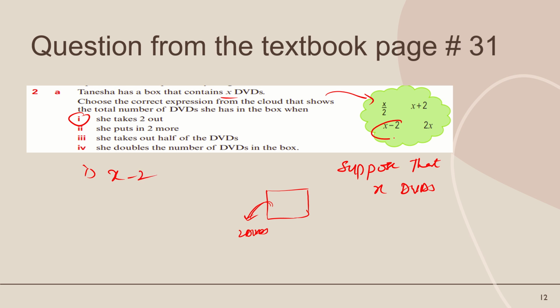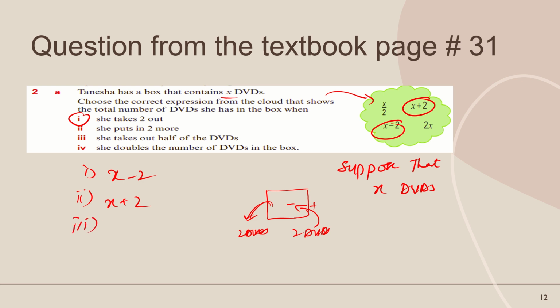Taking out means reducing the number of DVDs in the box. Part 2: she puts in 2 more, so she puts 2 DVDs in the box. So the expression will be x plus 2. Add means plus, she adds 2 DVDs in the box.